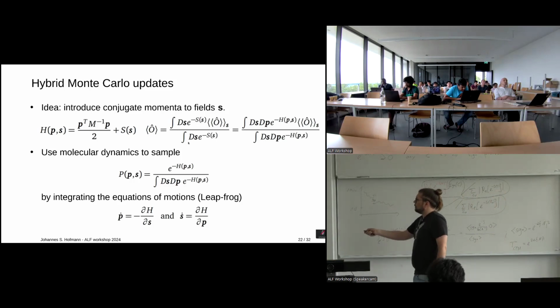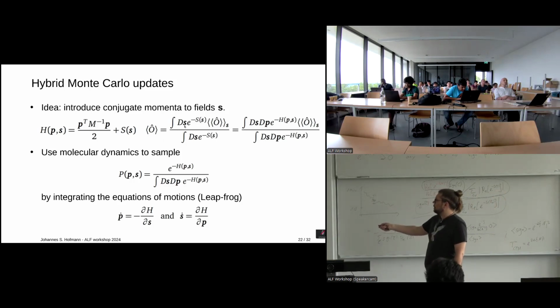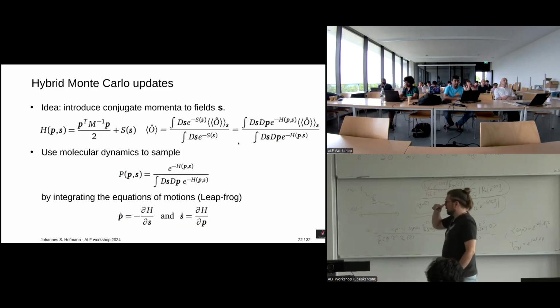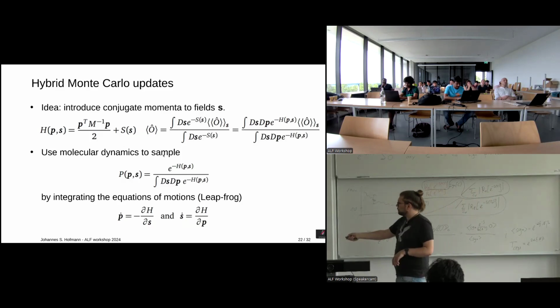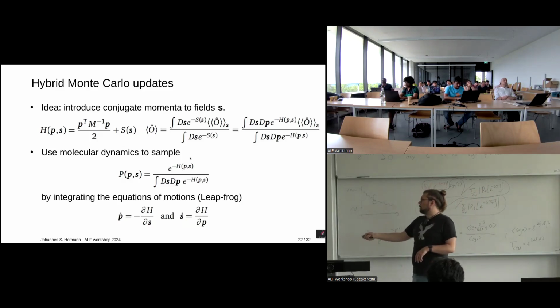The observable, which was originally given as the integral over all the fields times the weight, can now be written with an additional Gaussian integration in P, which is also part of the normalization. And now we are sampling not only the auxiliary fields that we started with, but this larger distribution where we have the momenta and the original auxiliary fields.